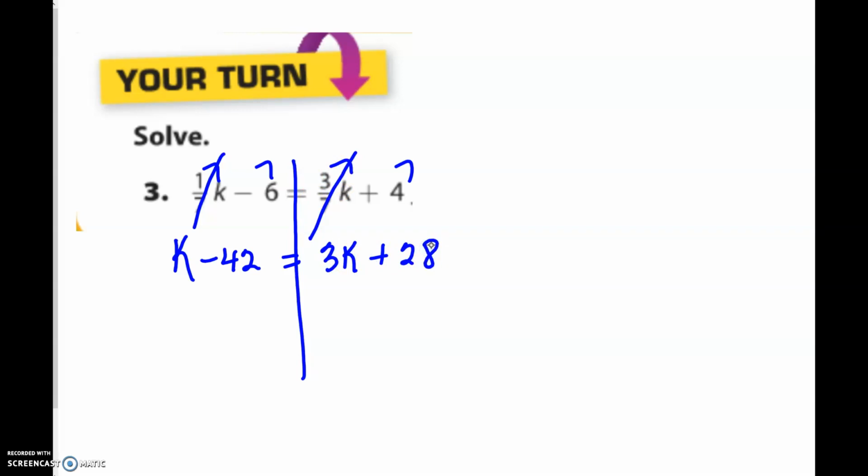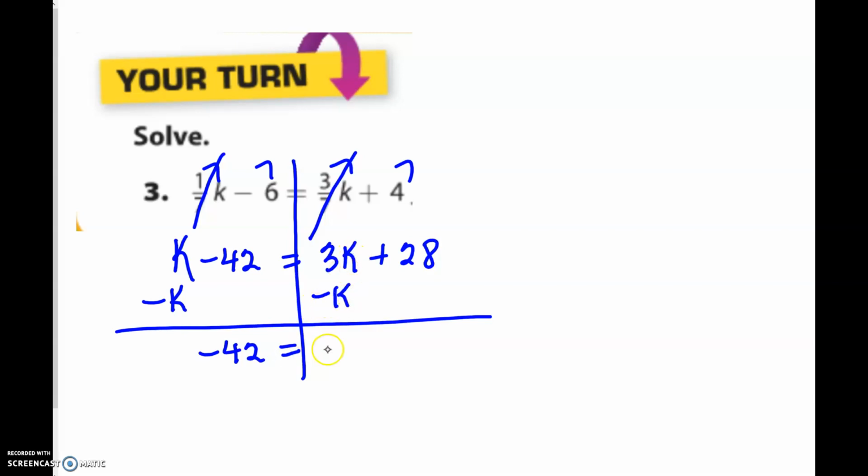All right, now I want to get my k's together. So what I'm going to do here is subtract k from both sides. So negative 42. 3k minus k is 2k. All right, now what numbers do we have by k?